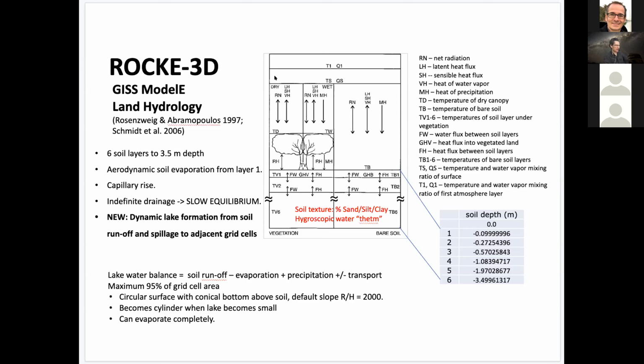So these values are computed by the planetary boundary layer module in the model. And then these values are used basically to compute all the exchange with canopy and land surface.